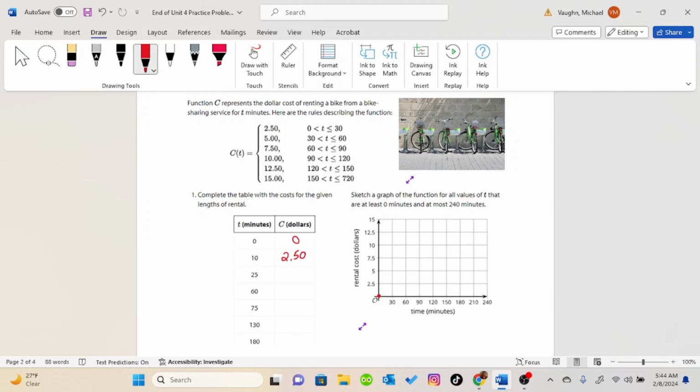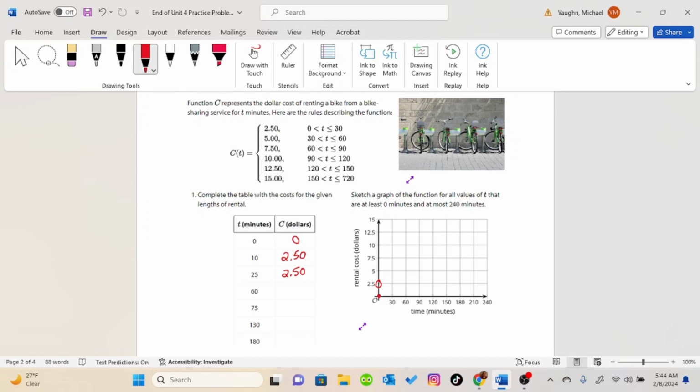Our next time is 25 minutes. 25 is between 0 and 30, so it would also be $2.50. If we wanted to graph this, notice we have 0 is less than, so we could go to $2.50 and we would draw an empty point because it is not included there.